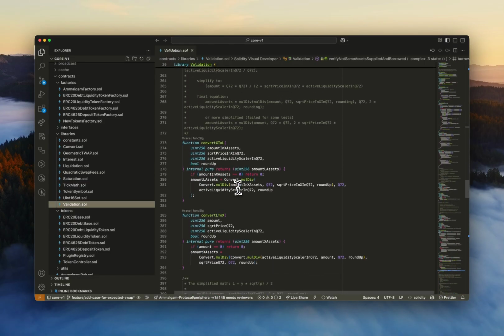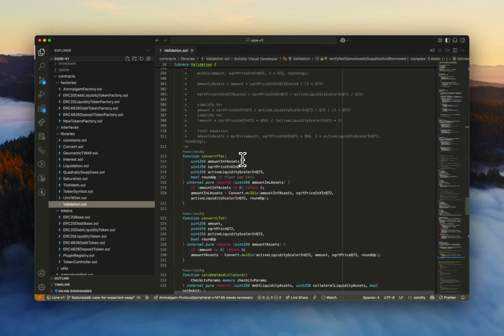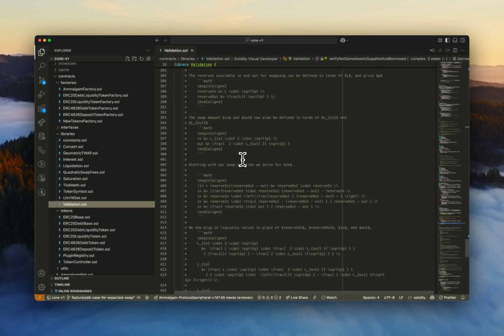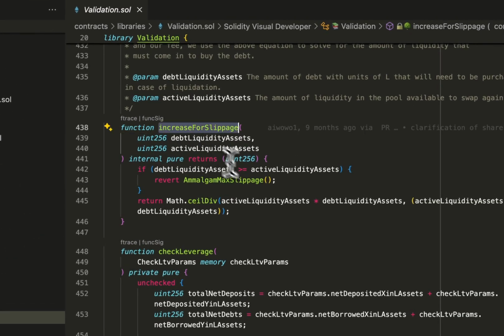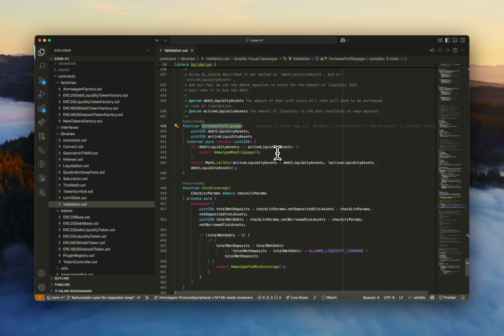And then also we check the leverage of the position. So those are the two things going on in here. And then another important thing is we also increase by slippage. So whatever that net debt is during a liquidation, we think about the current liquidity available, how much slippage would occur to basically buy the debt asset that you would do in a liquidation, because you take the collateral, you sell it for the net debt and then repay the debt.